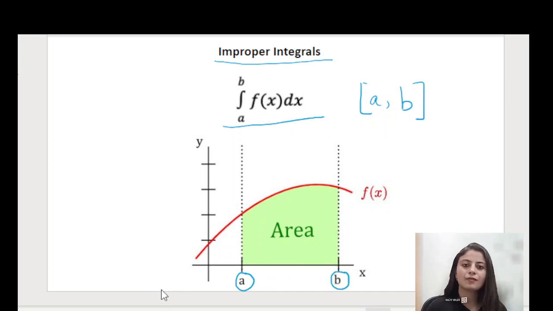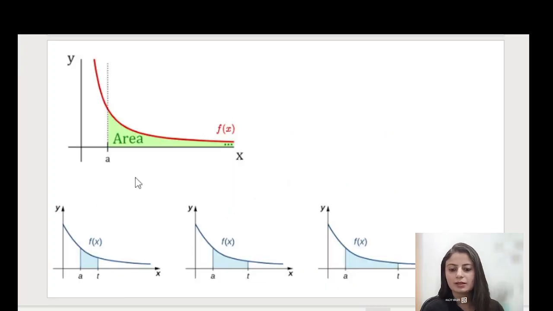Now what if I extend the idea of area under this function f(x) to the infinite interval? Now in this graph, I do have left boundary as x equals a, but I do not have any right boundary. The area under this function f(x) is moving forever and forever.